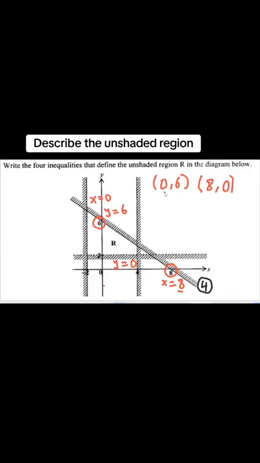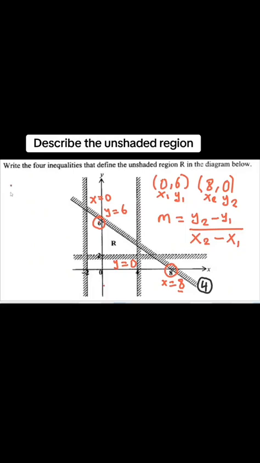Then from here we say this will be x1 and this will be y1. This will be x2 and this will be y2. So how do you find the gradient? This is the formula. M is equal to y2 minus y1 divided by x2 minus x1. So here we are just going to substitute.